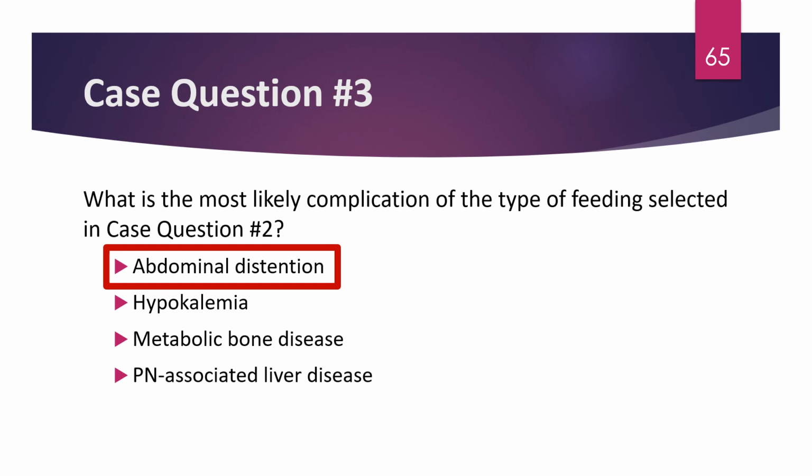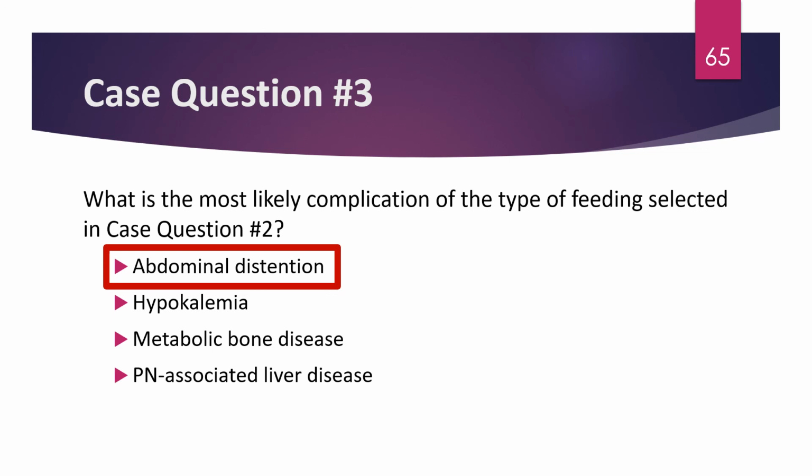Whenever we compare that to parenteral nutrition, the same things that can happen between parenteral nutrition and enteral nutrition are things that are related to the macronutrients. So hypertriglyceridemia, hyperglycemia, refeeding syndrome can happen either way.